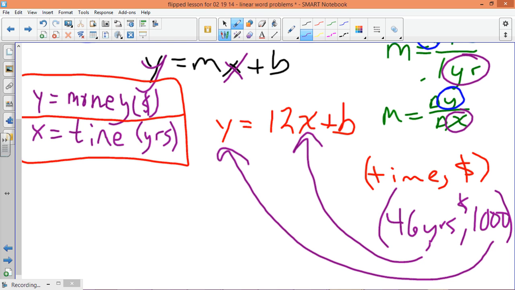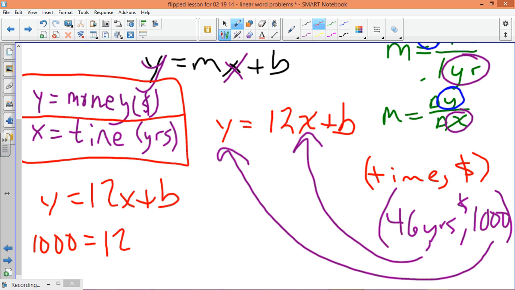Okay, so follow me here. y equals 12x plus b. And y is going to be replaced temporarily with 1,000. x is going to be replaced temporarily by 46, and I get plus b. I sure hope that this works out, because I did pick these numbers at random.